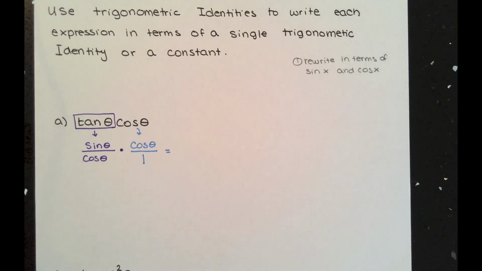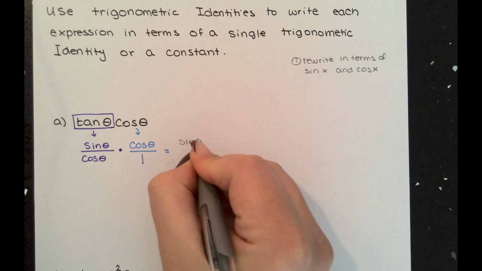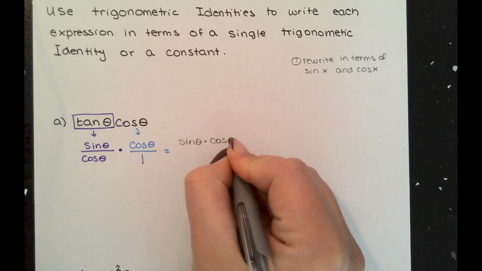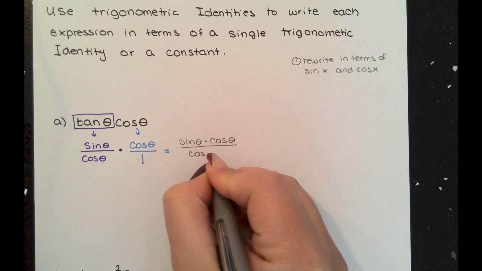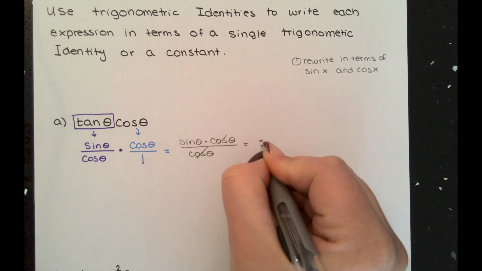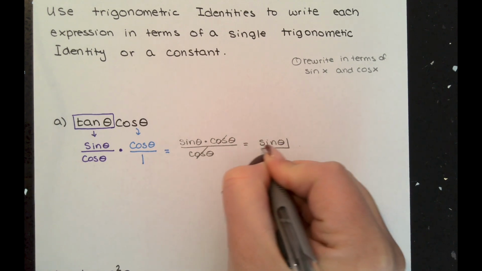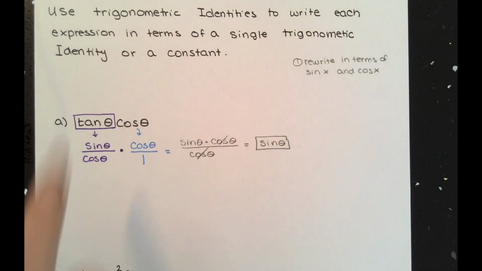Now, some of you are saying, oh, the cosines, can we cancel out the cosines? Yes. Actually, with multiplication and division, you can do what your heart desires, and that is to divide the cosines from the bottom and the top. I'm going to continue writing this out together to show you what happens. So you have cosine times sine, or sine times cosine, over cosine times 1, which is just cosine. Cosine and cosine, they divide out, so we're just left with sine of theta as your single trigonometric identity or constant.